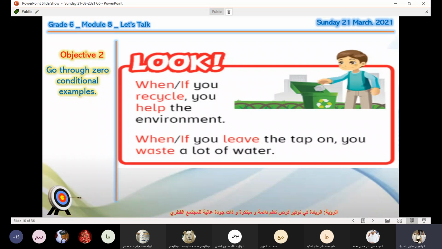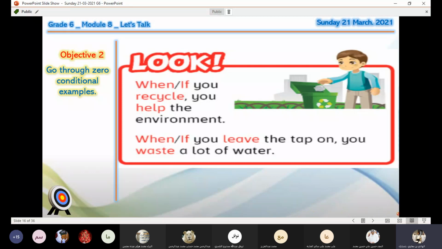Leave. Okay, and in the second part of the sentence, it's the present tense also. So if plus present gives present in the second part of the sentence. So this is actually conditional zero type, or type zero if you like.